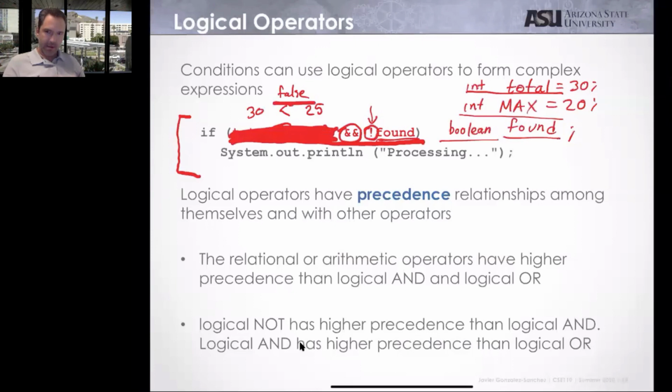Next one. What are we going to do? The and or the not. Those are the last 2 operators. Well, here, if we talk about the logic operators, the one that has the highest precedence in the logic operators is not.